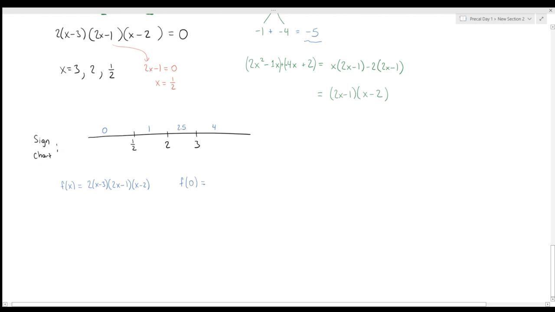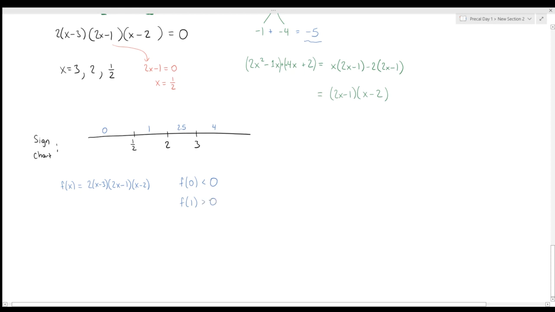So I'll do this last part somewhat quickly. So we plug in 0 for x, it'll be negative, negative, negative. Plug in 1 for x, negative, positive, negative.